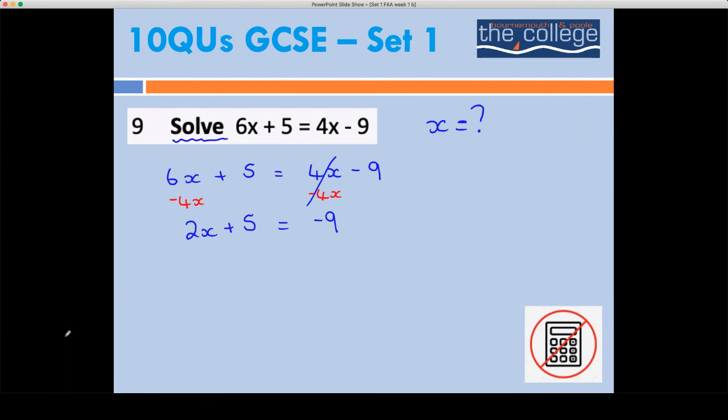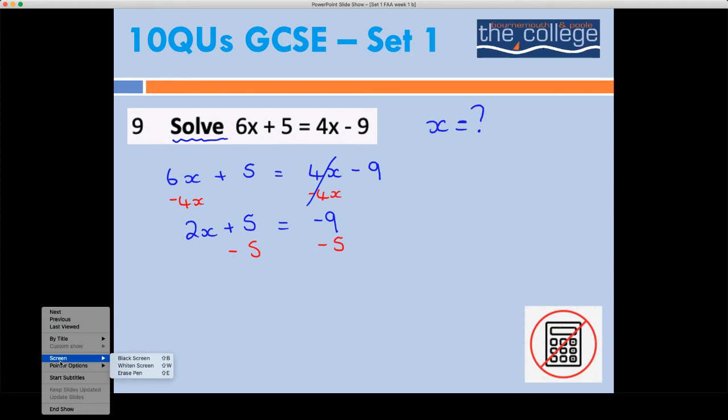So now we're going to move this 5. Now this 5 is positive, so I'm going to take away the 5 from this side, and I also need to take away the 5 from this side. So this will disappear, we'll cancel it out.